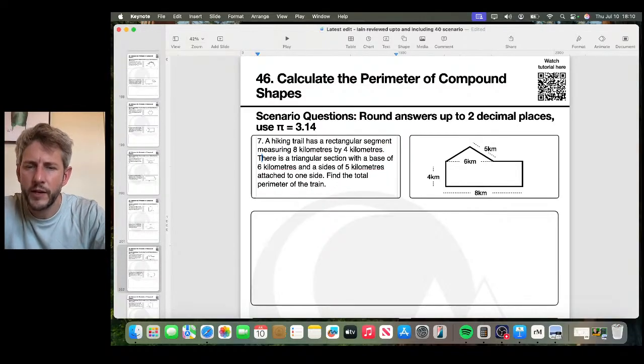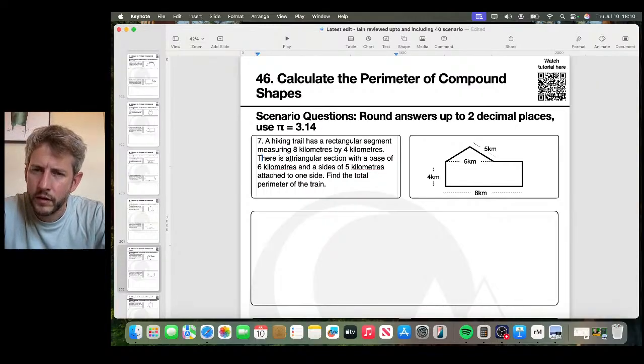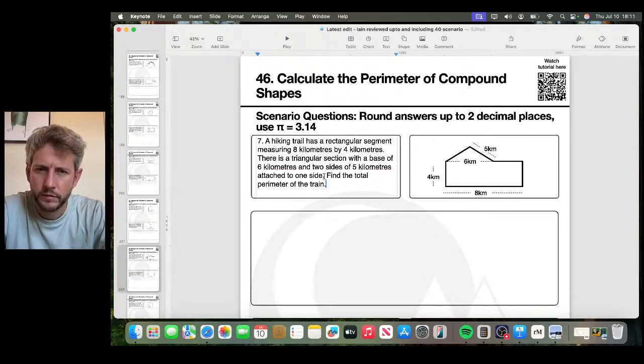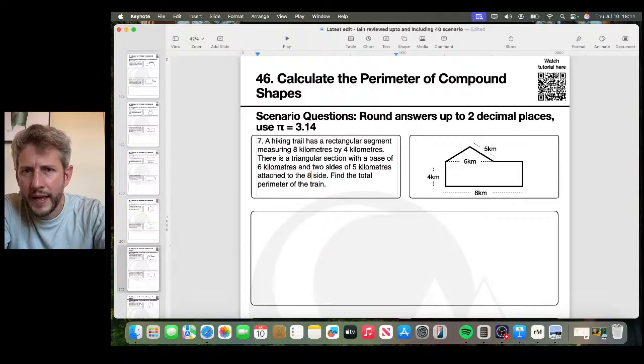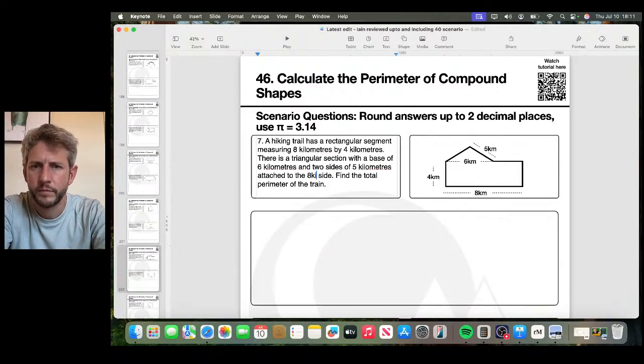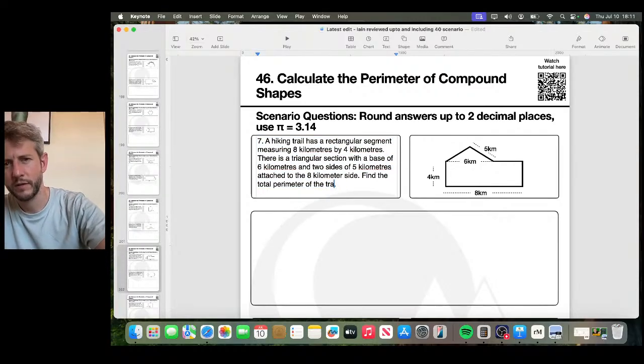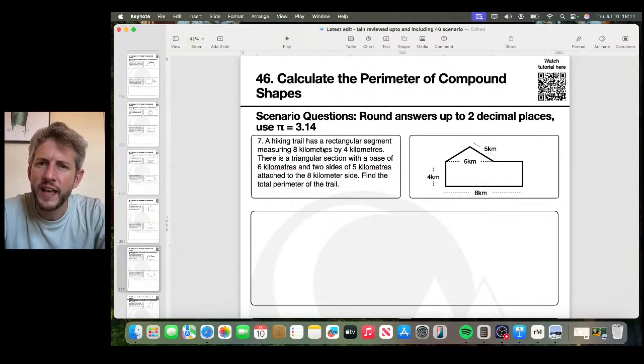There is a triangular section with a base of 6 kilometers and 2 sides of 5 kilometers attached to the 8 kilometer side. Find the total perimeter of the trail.